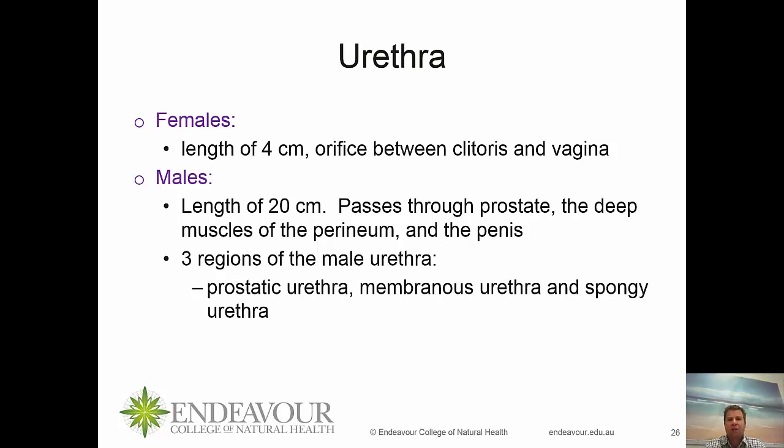Mainly because it's got to travel through many, many structures in the male reproductive system. It's got to go through the prostate gland, through the muscles of the perineum, and then out via the penis. So the urethra actually has 3 regions. It's got a prostatic urethra, a membranous urethra, and a spongy urethra. So quite a long urethra in a male compared to a female.